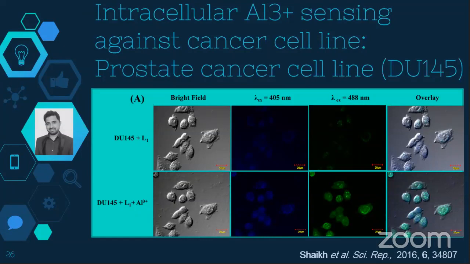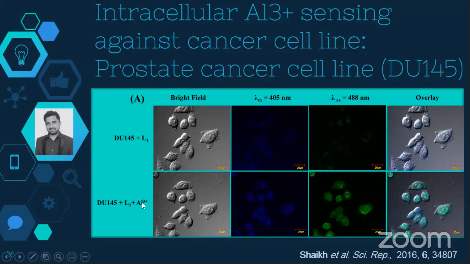As depicted in the figure, the treatment with L1 resulted in a very weak intracellular fluorescence in blue and green color. There is some fluorescence, but very weak, observed in the blue and green region at the different excitations. Further, 10 micromolar of aluminum 3 plus was added to these cells, and a considerable enhancement was seen in both colors.